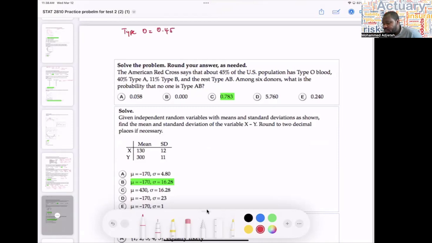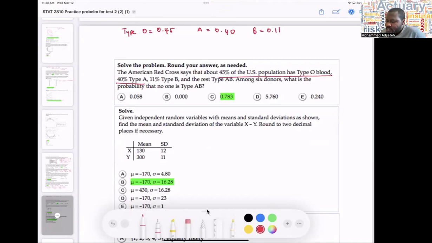Type A is 0.40. Type B is 11%. And then the rest are type AB.